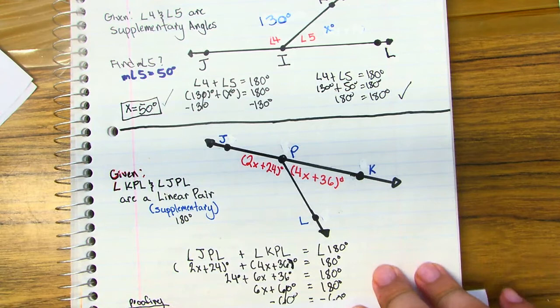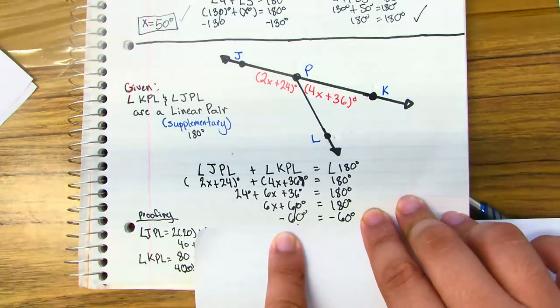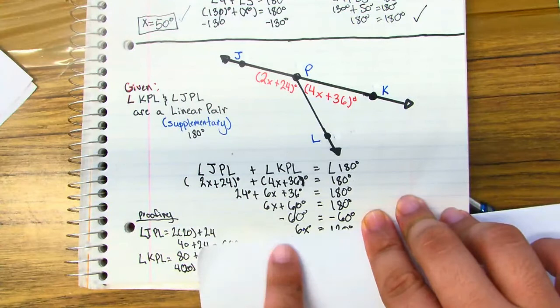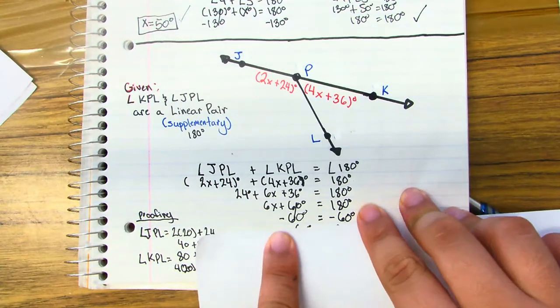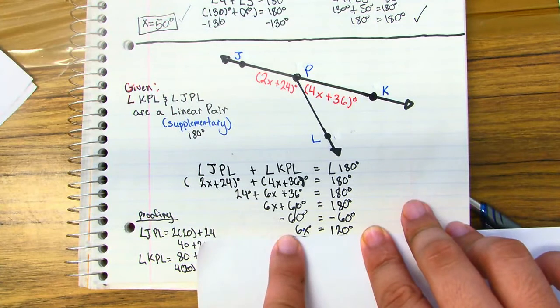So I have to cancel out 60 with the opposite of addition, which is subtraction of 60, on both sides. 60 minus 60 is 0. I do not have to write 0 because that's unnecessary. 180 minus 60 is 120. I drop down 6x.